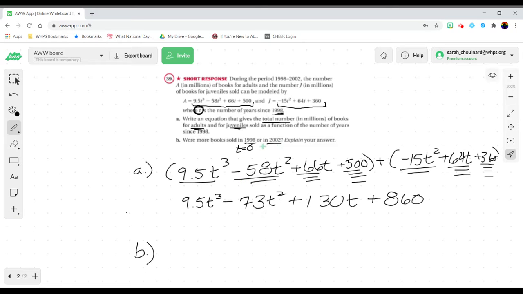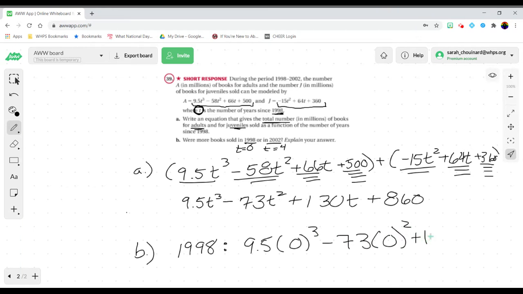To figure out 2002, 2002 is 4 years after 1998. So T is going to be 4. So I essentially want to do this expression twice. I want to do it for 1998, and I'm going to do that by plugging in 0 for t. I like to do parentheses when I plug something in.